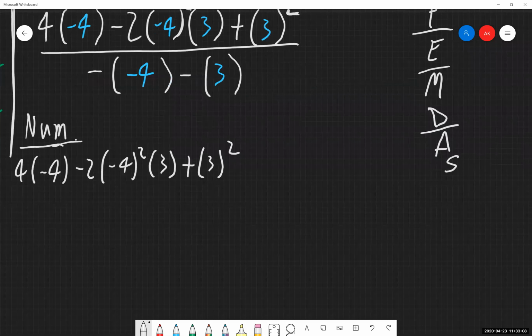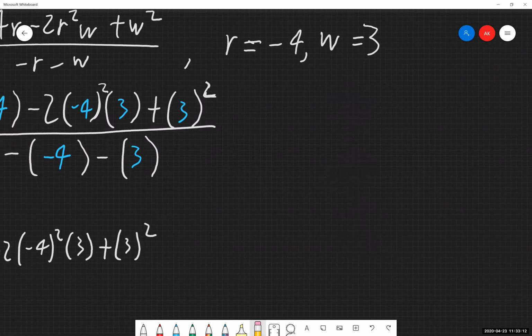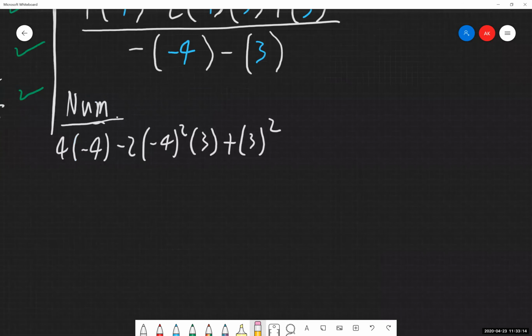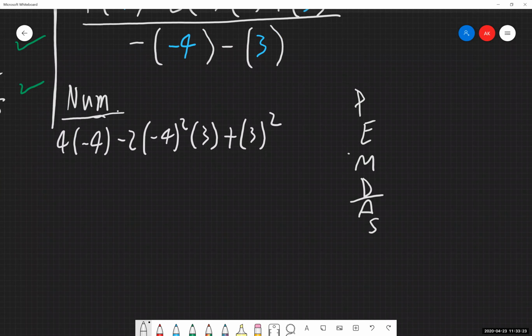So applying PEMDAS to that, I'm going to erase this and we'll just bring it back over here with our numerator. Okay, so working with our sets of parentheses, nothing inside there can be done, so I am done with that.